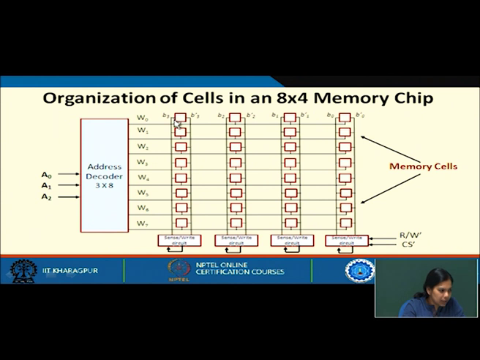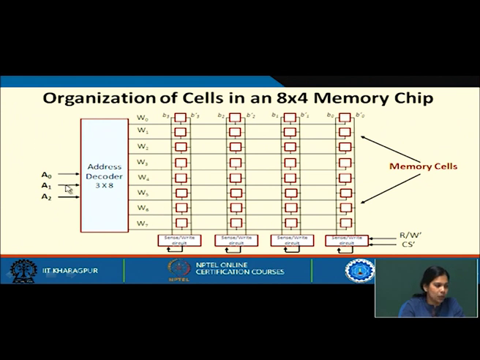An individual cell is connected to 2 bit lines. One is B, another is B bar, that is the complement of the other, and these are connected to the sense or write circuitry, which is further connected to the data lines. This is one memory chip where there are 8 rows, so we have to select any one of the 8 rows.